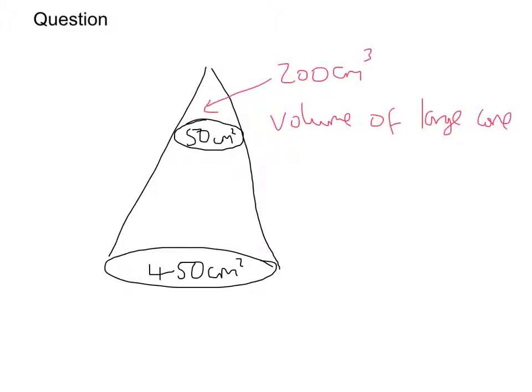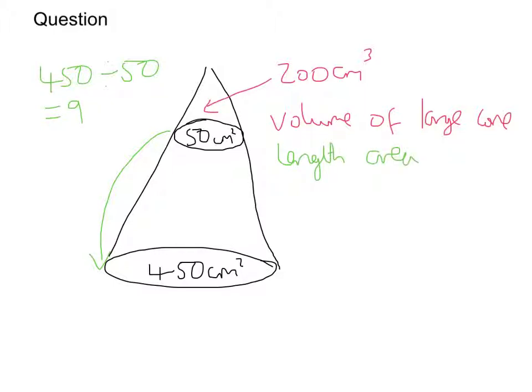Okay, so we were given some information. We know that this has gone from 50 to 450. So a quick calculation shows that 450 divided by 50 equals 9. That was the area. So let's do length, area, volume. The area is 9.